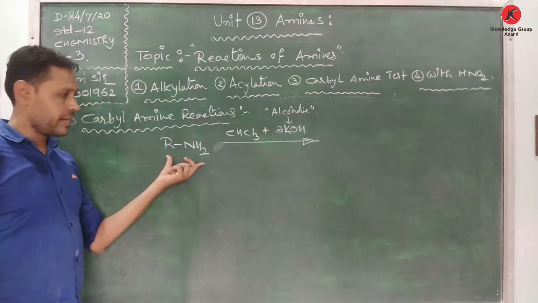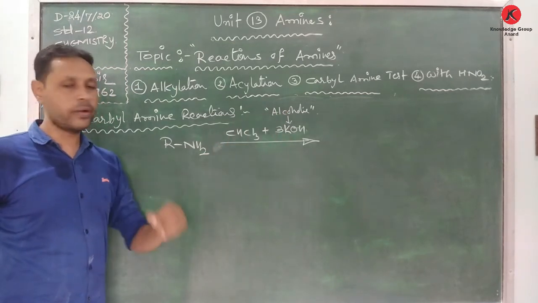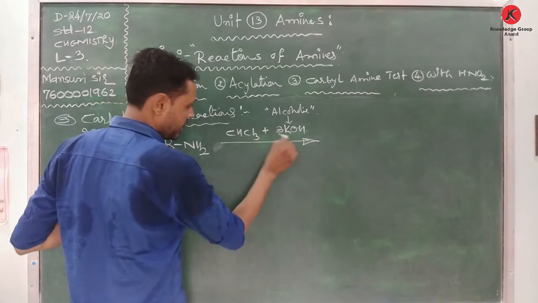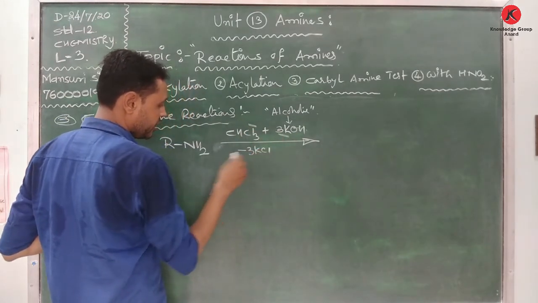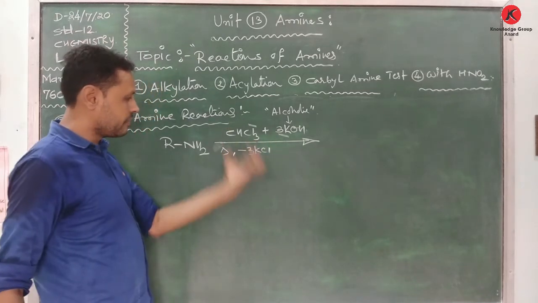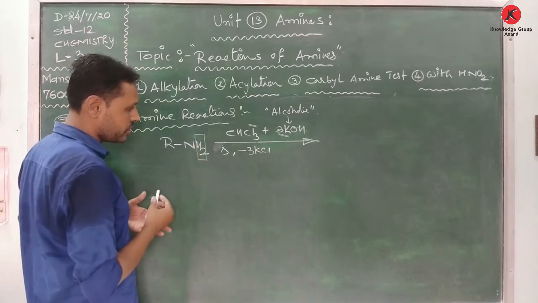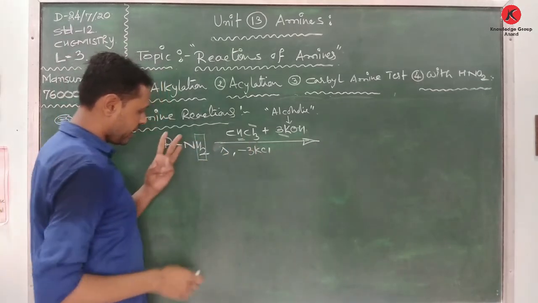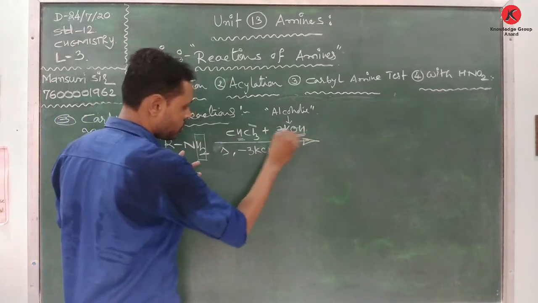Now the primary amine reacts with the mixture of chloroform and alcoholic KOH, then 3K and 3Cl will be removed on heating. 3KCl will be removed. Thereafter these hydrogens, 2 hydrogen, 1 hydrogen, 3 hydrogen, will go with 3 hydroxide.